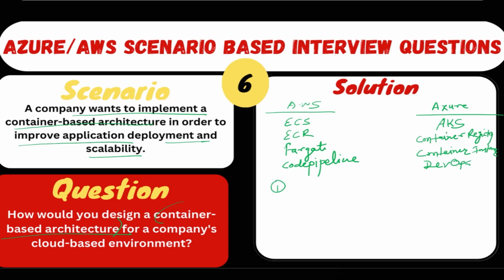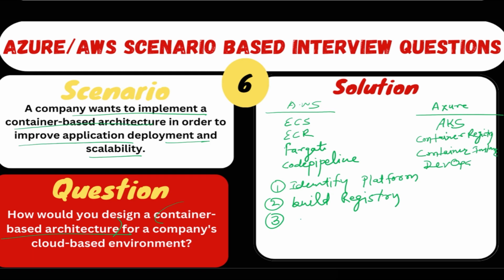So the first step in designing a container-based architecture is to identify the appropriate container orchestration platform. If we are looking at AWS, then we will use the AWS ECS service. If we are looking at Azure, we will use the Azure Kubernetes Service, known as AKS, to manage the deployment and scaling of our containerized application. Next, we will build a container registry using either the AWS ECR service or the Azure Container Registry service, which will help us store and manage container images that we want to run over the cloud.